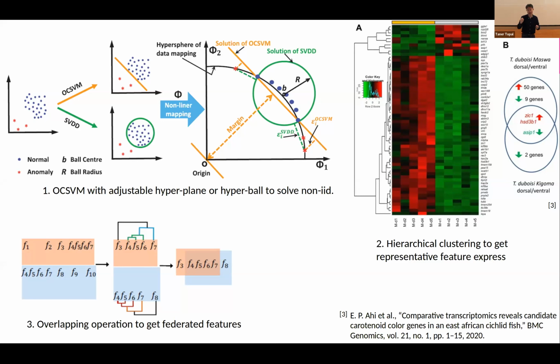So we choose these genes as the main point. We choose these important genes, which means we choose the important features. And then we do the overlapping of the different features we already selected. Now we find the horizontal federated learning features.